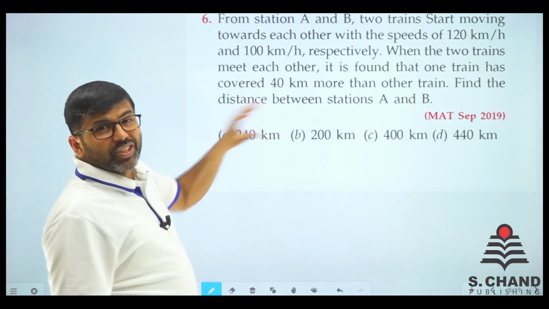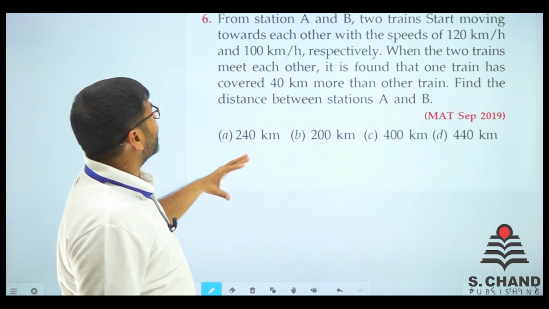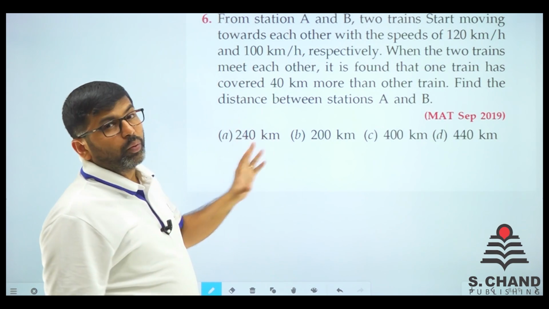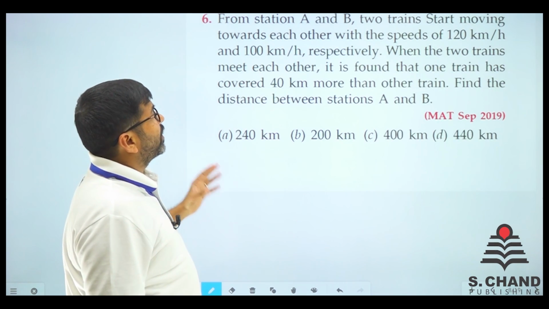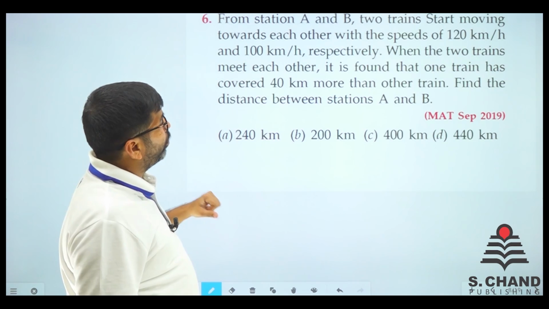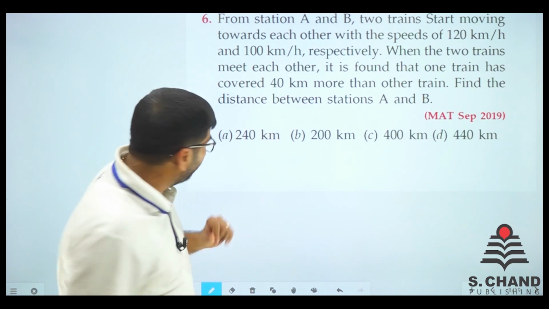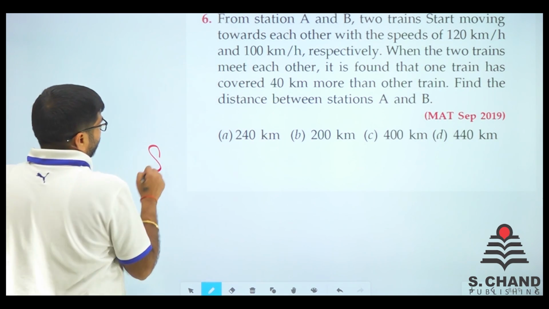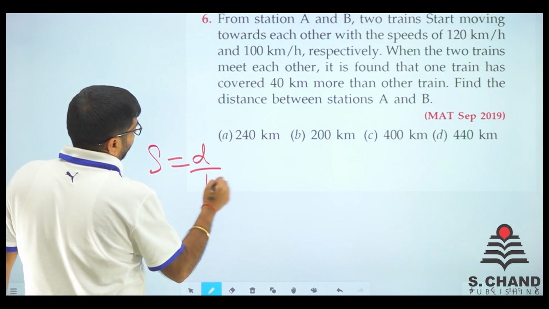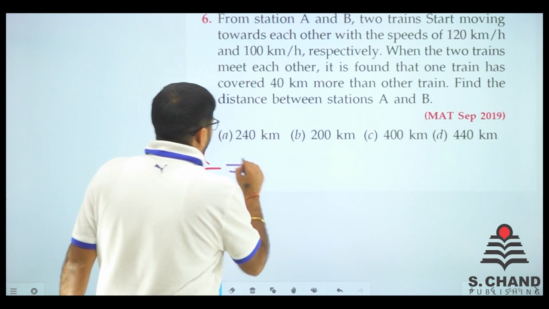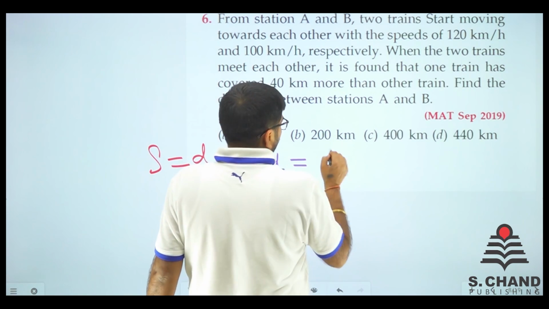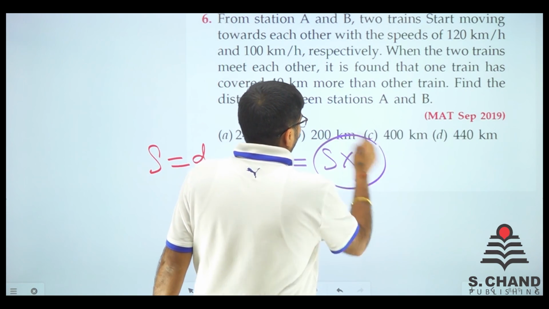We have two stations A and B, right? Two trains start moving towards each other with the speed of 120 km per hour and 100 km per hour. When they meet each other, it is found that one train has covered 40 km more than the other train, right? So speed is equal to distance upon time, and distance is equal to speed into time, right?